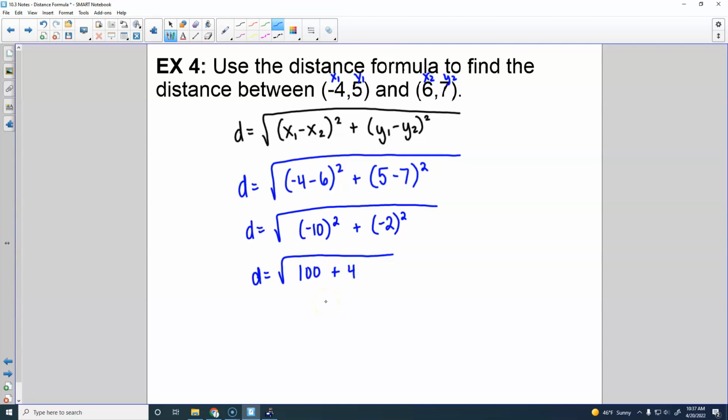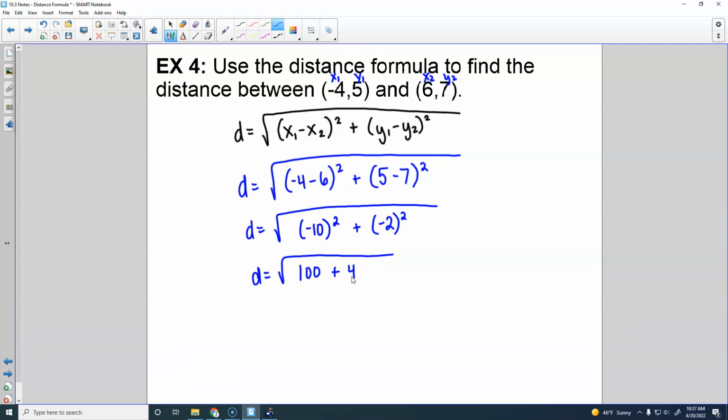These two numbers you're getting right here should be positive every time. Why are they going to be positive every time? Well, yes, distance does always have to be positive. But that's not the reason these numbers right here, the 104, have to be positive.